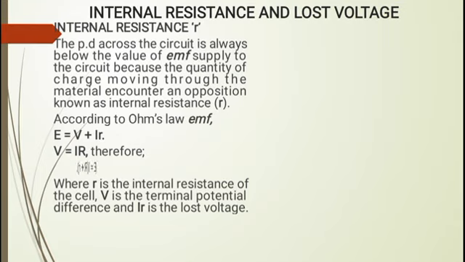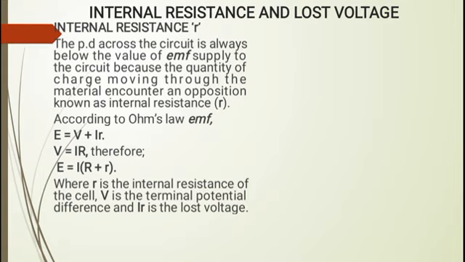Now, putting all this together, we have a new equation, which is E equal to I into bracket capital R plus small r, where capital R represents the load in the circuit, while the small r represents the internal resistance due to the cell or to the material in the circuit.